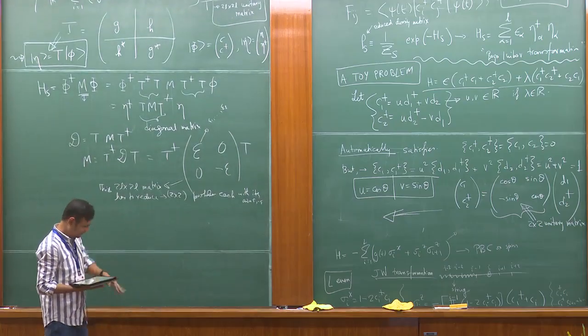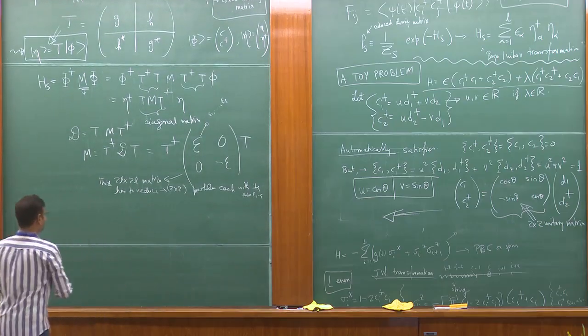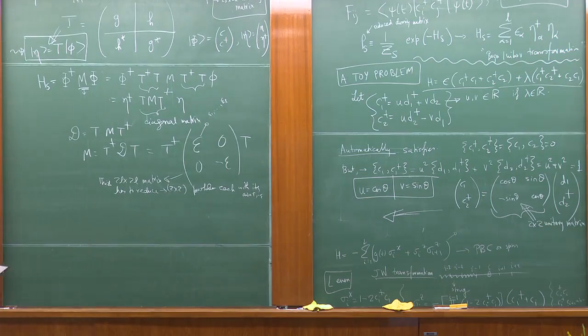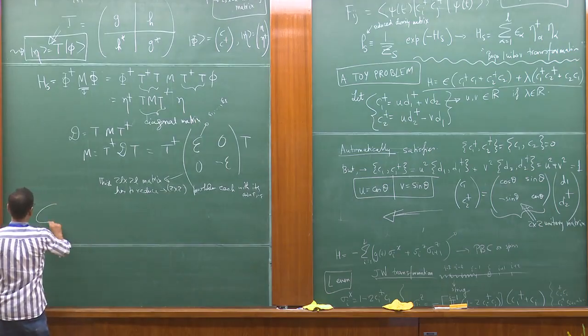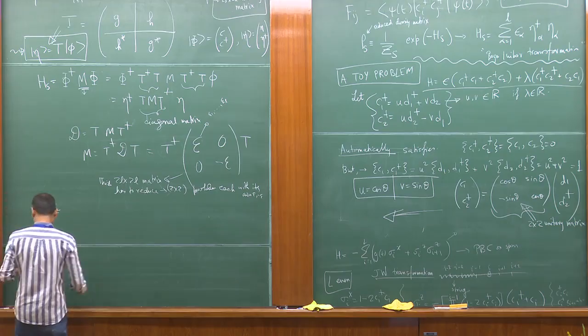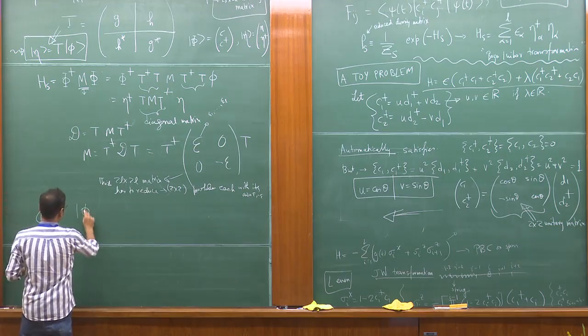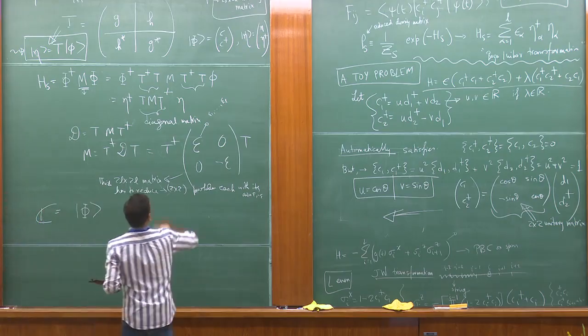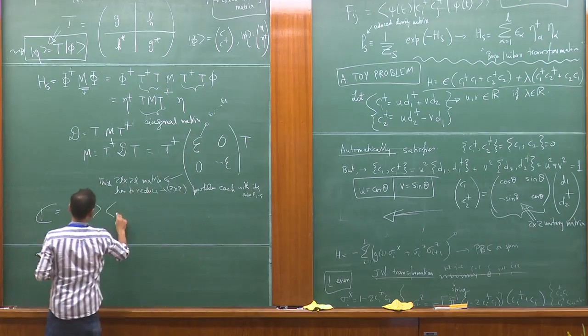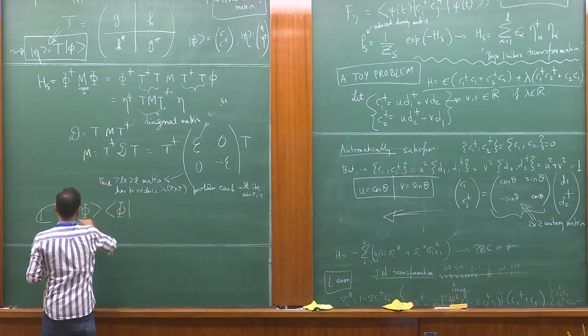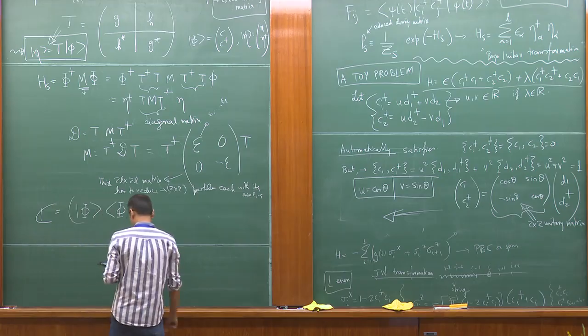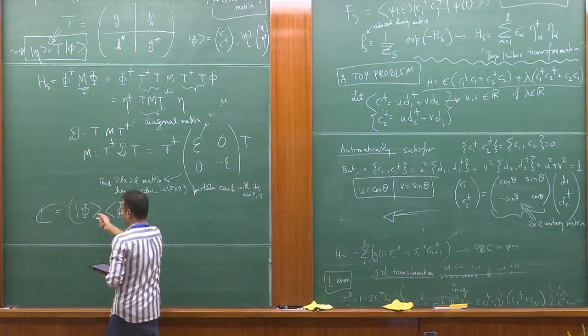Now we are almost there. Sorry for these long-winded steps. So now let me write a natural matrix here, which is the outer product of those guys. Why did I write this matrix?